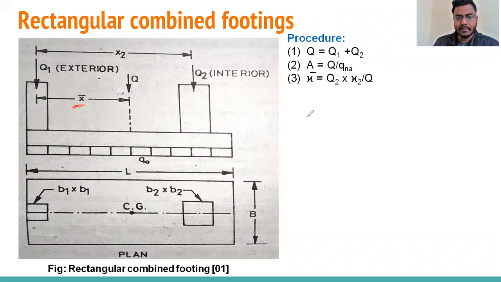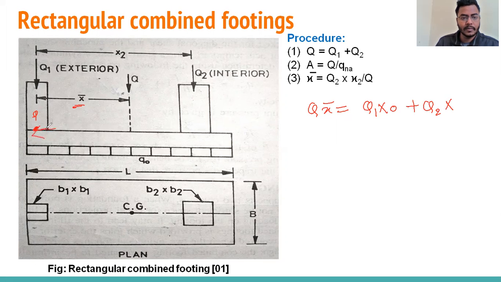Suppose the point from which I'm calculating the moment is P. Taking the moment about this point of the total resultant, we can write Q into X bar equal to Q1 into its distance, which lies at this point, so it will be 0, plus Q2 into the distance from here to here, which is given as X2.